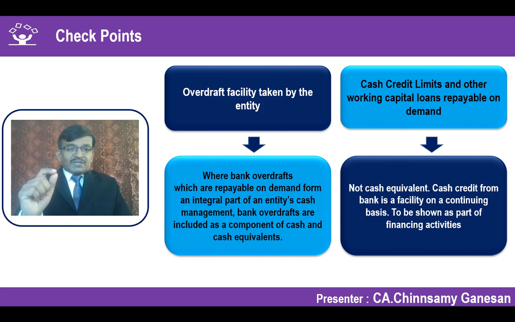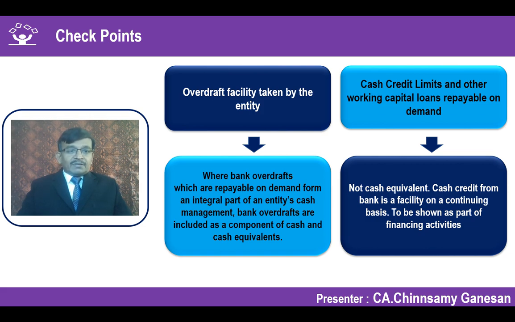It was the first year of application of Ind AS, so they also had a little bit of confusion. They felt that every credit limit, which is short term in nature, should be part of cash and cash equivalent. Later on, an explanation was provided saying that it's not an overdraft facility, it's only a cash credit limit, which is on a continuous basis. The limit will be renewed, and accordingly, it should be shown as part of the financing activities.